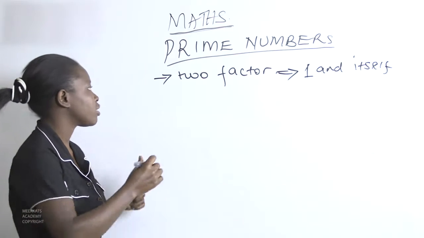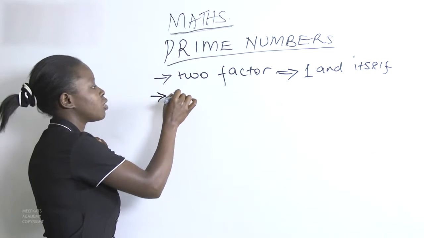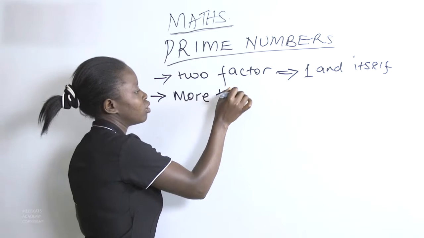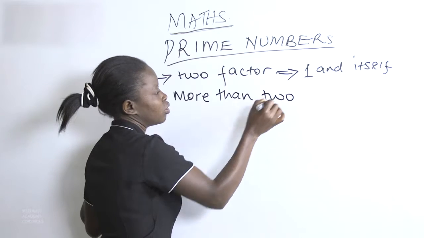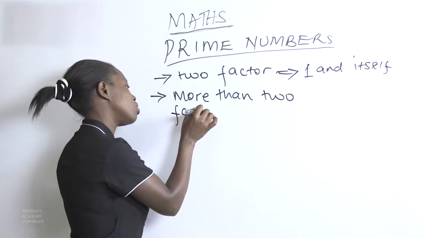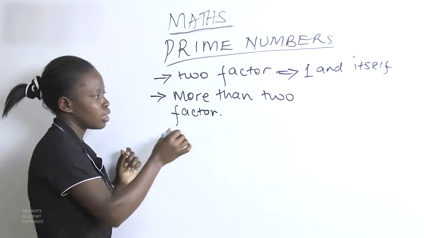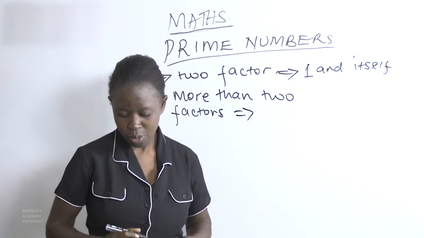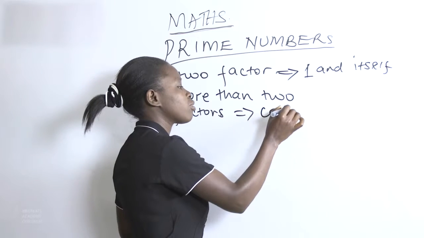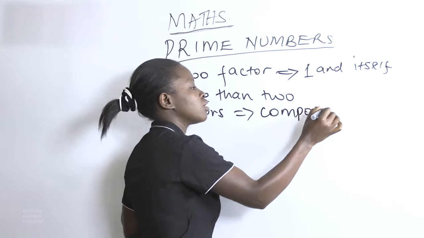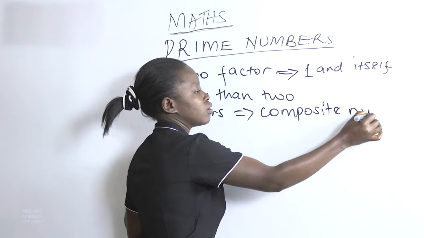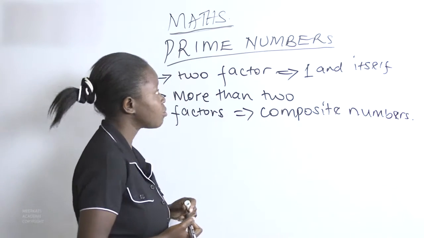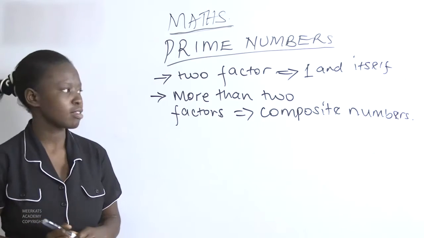Apart from prime numbers, we have numbers that have more than two factors. We refer to them as composite numbers. So we have composite numbers and prime numbers.